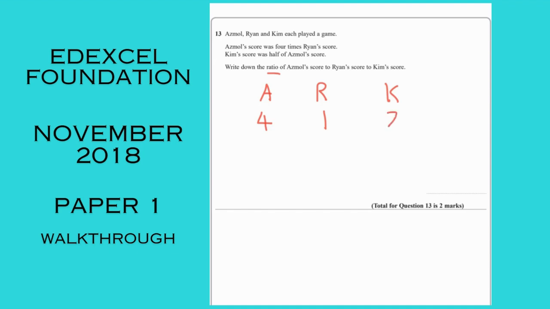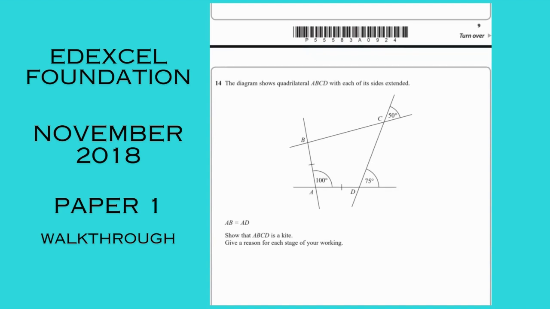Kim's is half. They don't have to be the real numbers, but they're in proportion. If you'd picked another number, your final answer would have cancelled down or whatever. It would still be correct. But by picking number 1, it doesn't cancel. It doesn't get any simpler than that.